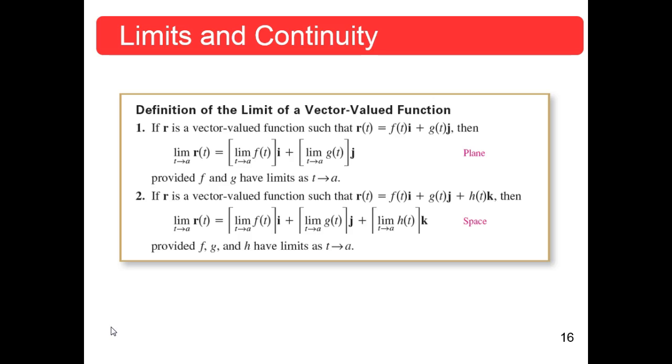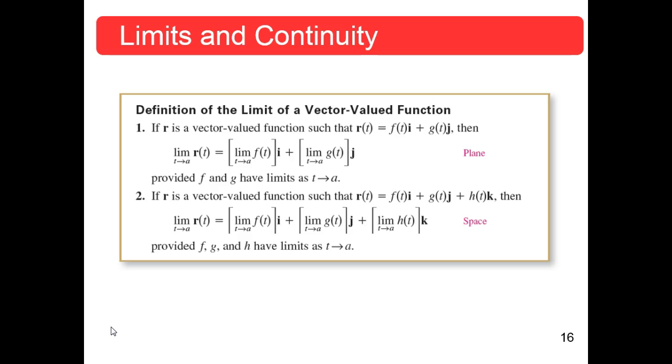Then the limit as t approaches some value a of r of t would be the limit as t approaches a of f of t i plus the limit as t approaches a of g of t j, provided that f and g have limits as t approaches a. If both of them do, then that's what the limit is. Okay? So it's just plug it in, plug it in. If the limit exists, then your function exists.